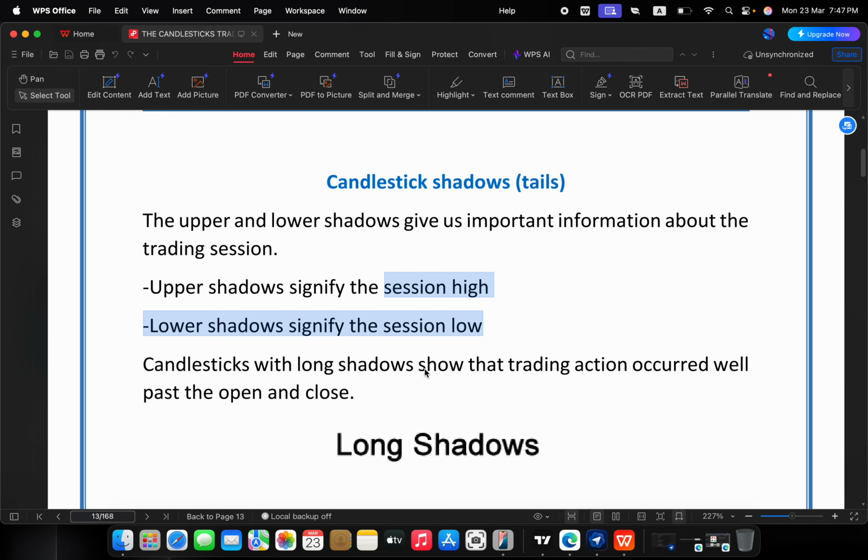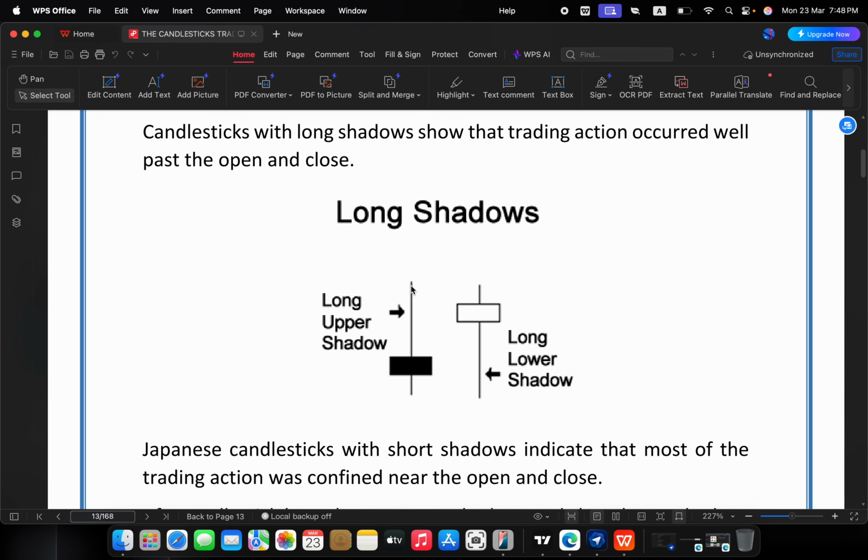So a candlestick with long shadows shows that trading action occurred well past the open and close. This is what we call the long upper shadow, and this is the long lower shadow.